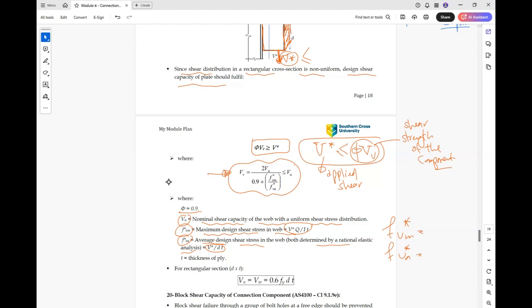One of them is the maximum design shear and one is the average. The maximum design shear is equal to the applied shear multiplied by Q over I t. The average is V star over d t. So these are the two values required, and t is the thickness of the plate or component.